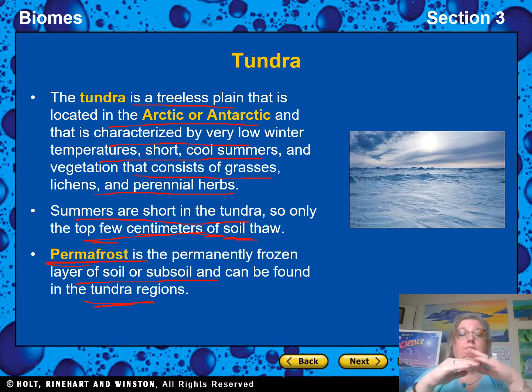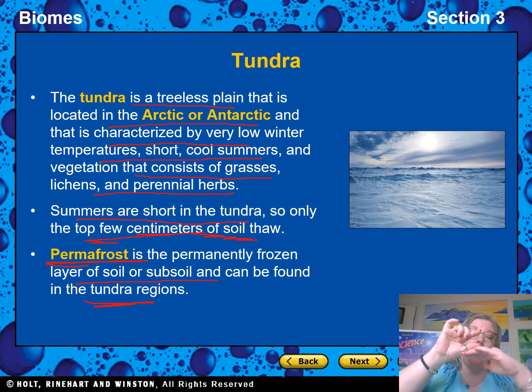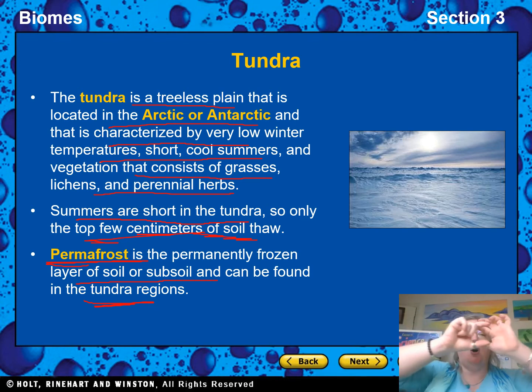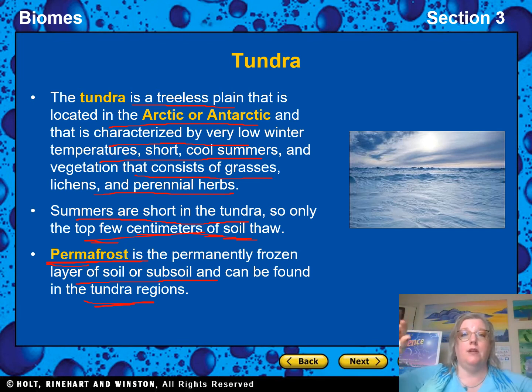Now, the trouble with that is in the summertime, when the first couple centimeters on top do thaw out, it's slushy and muddy. So flies and mosquitoes are really crazy in the summertime in the tundra because almost the whole area is like a mud puddle.